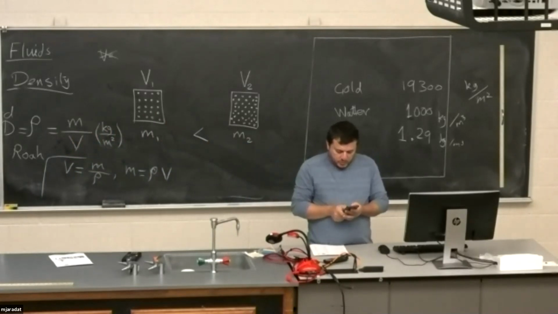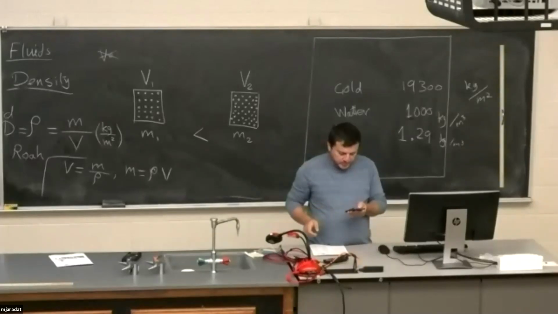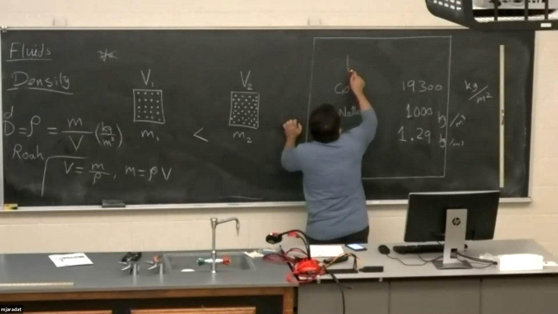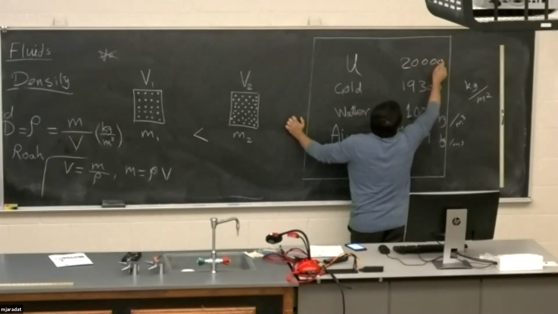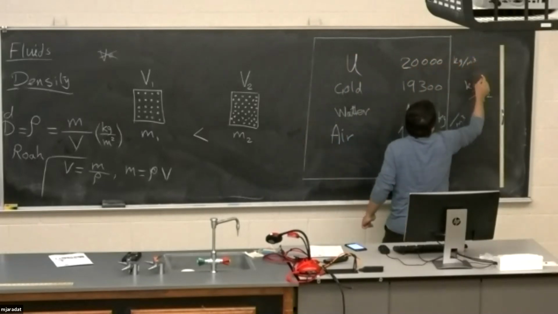The most dense, yes, the uranium. Its density, uranium, its density is 2,000 kilograms per meter cubed.